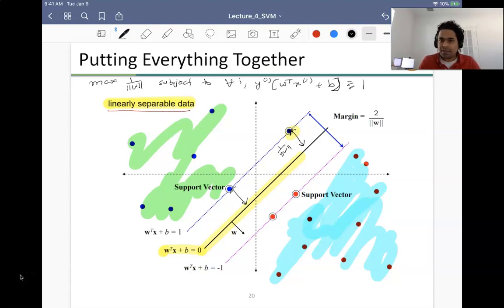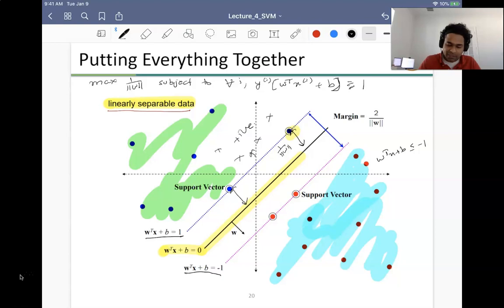If y is positive, all my positive instances should lie above the line W transpose X plus B equal to 1, in the region where W transpose X plus B is greater than or equal to 1. If y is negative, the line is W transpose X plus B equal to minus 1, and the region is W transpose X plus B less than or equal to minus 1.